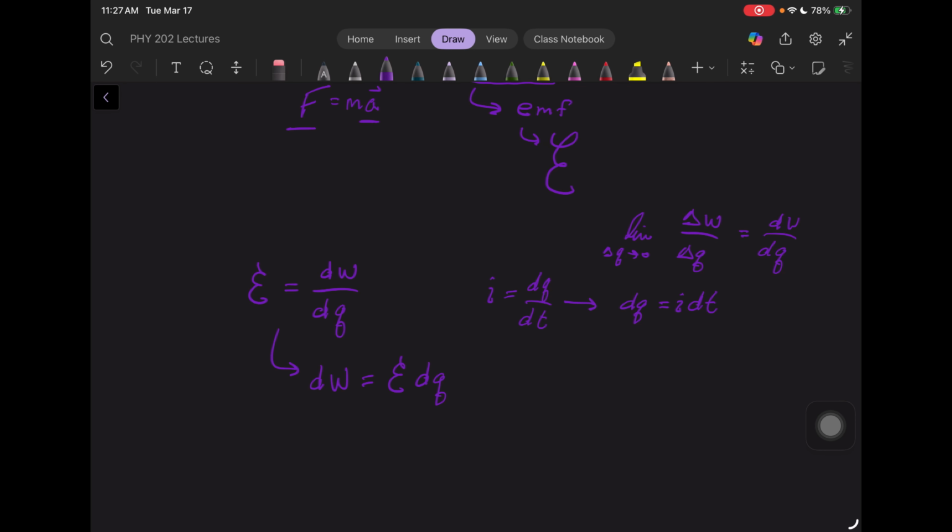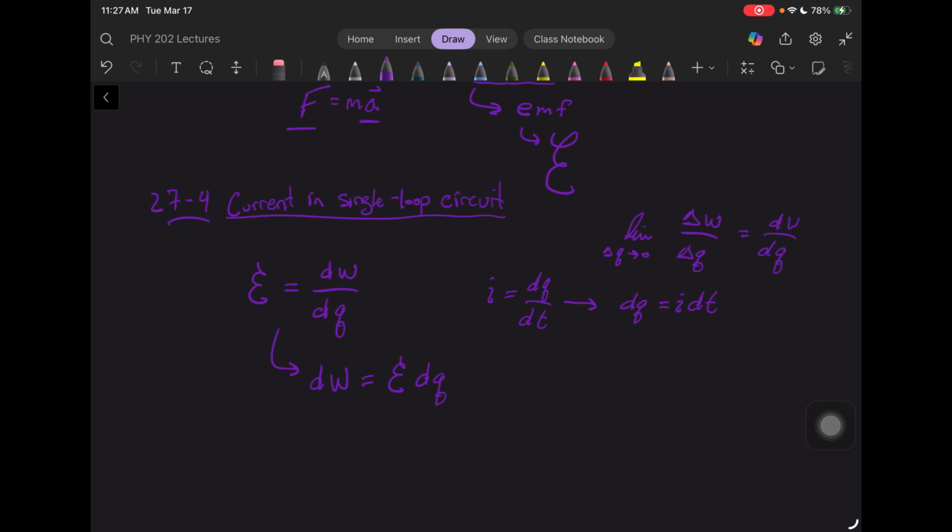Okay, so this is a good start as to where we're trying to go. And I guess we should note that we're getting into chapter 27.4, and this is current in a single loop circuit.